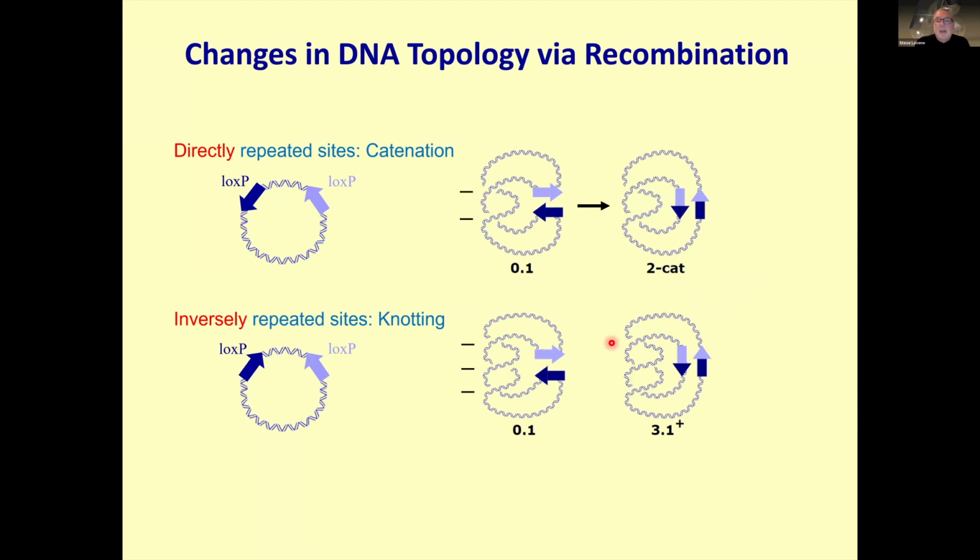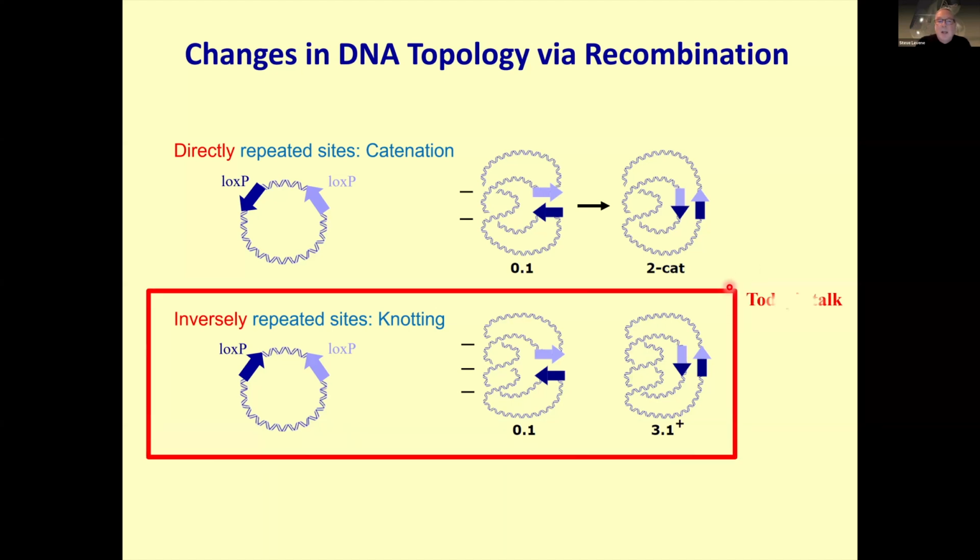And in this case, you go from the unknot to a positive trefoil knot. Studying the catenation reaction is a bit more difficult than the knotting reactions. So I'm going to focus today on the knotting reaction, and therefore everything that I'm going to talk about involves synthetic plasmid DNAs that have the sites in inverse orientation.